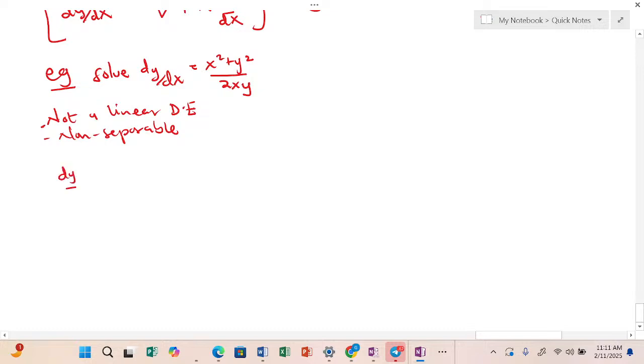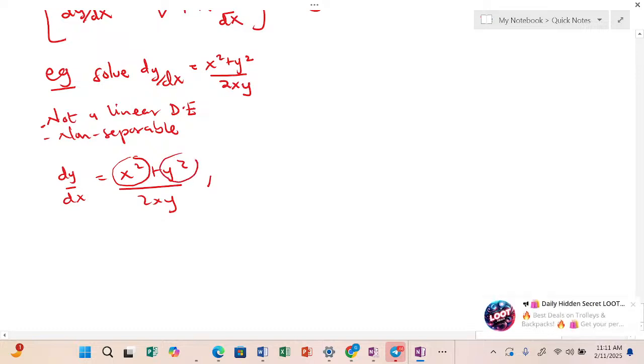Now let's see, dy/dx is x squared plus y squared over 2xy. Is this homogeneous? An easy way to find whether a differential equation is homogeneous is that the terms should all be of the same degree. So x squared should have the same power as y squared, and that should also have the same power as 2xy.